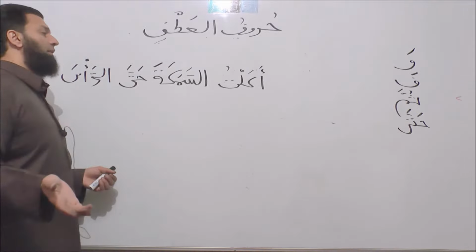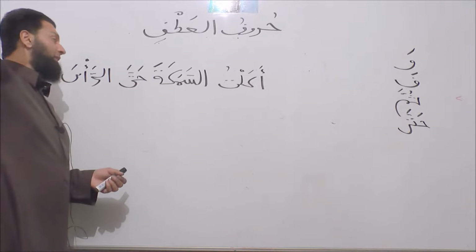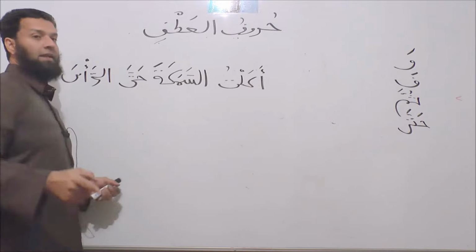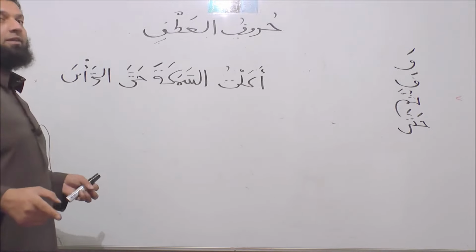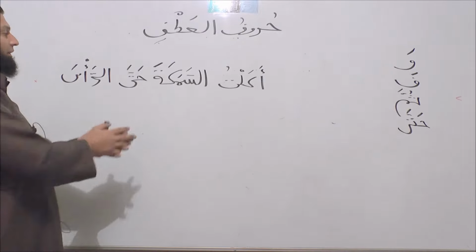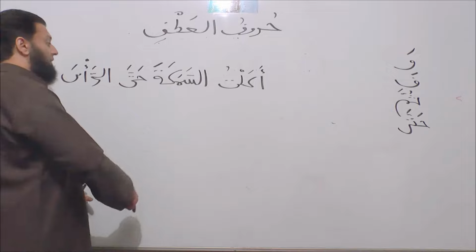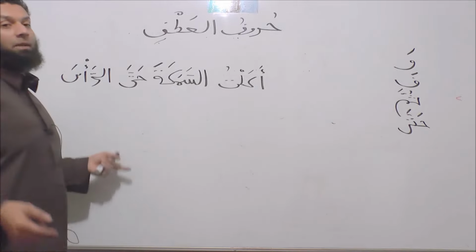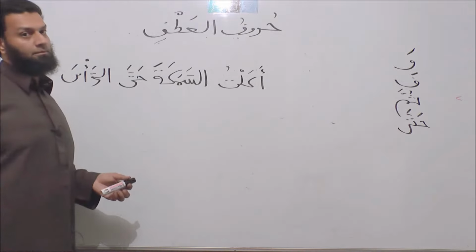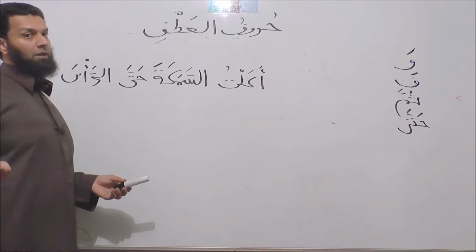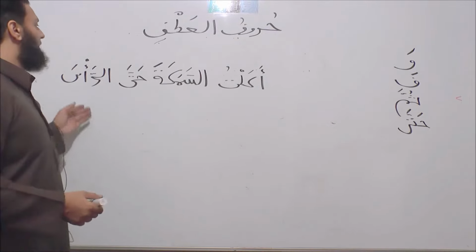Right? If you understand it to mean to the head, so I ate the fish from one point to the head, then hatta becomes a harfu jar. Right? We'll give an example of that in a moment.